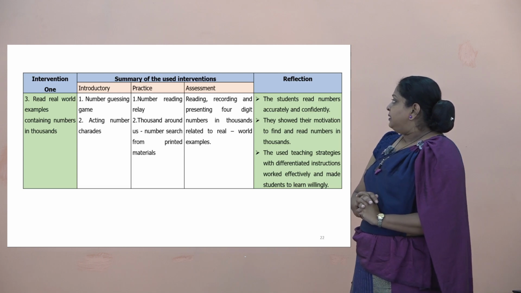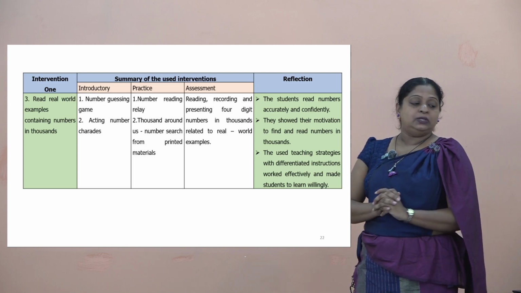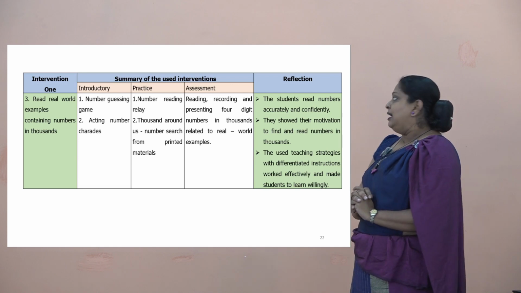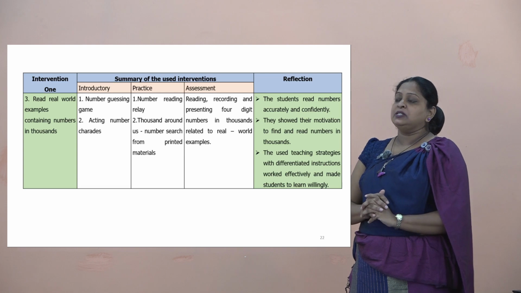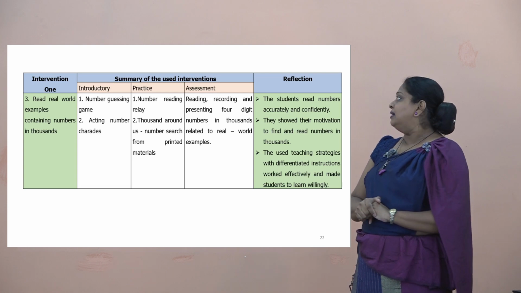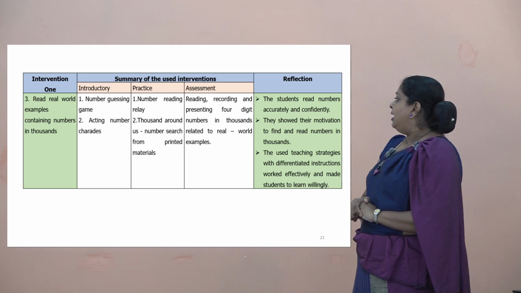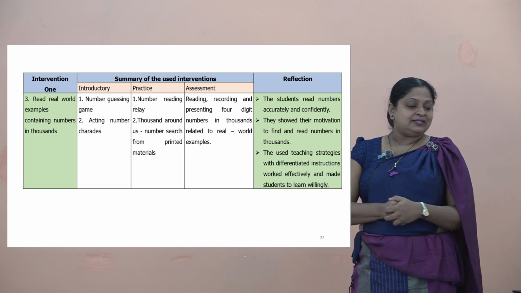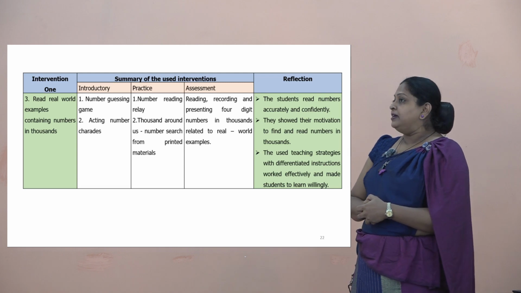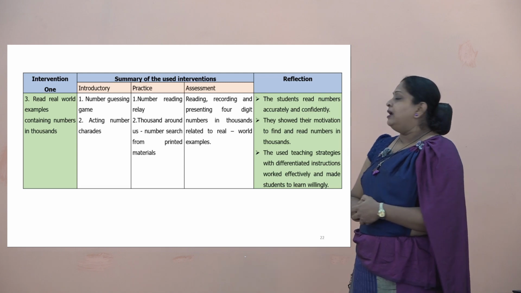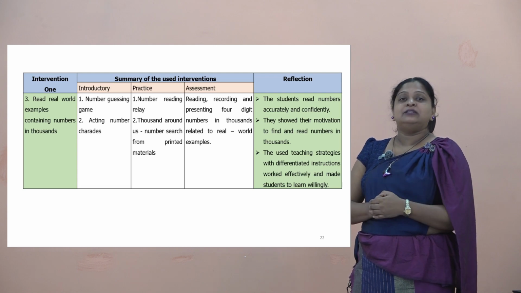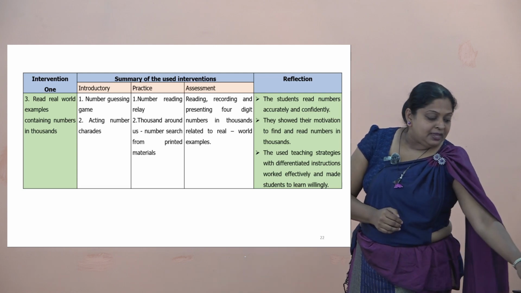As per the reflection, what I understood was that the students read numbers accurately and confidently, and they showed more motivation and more interest in finding numbers and reading them aloud. The use of differentiated instruction strategies worked really well and was really effective, as the students learned the expected learning outcomes willingly.